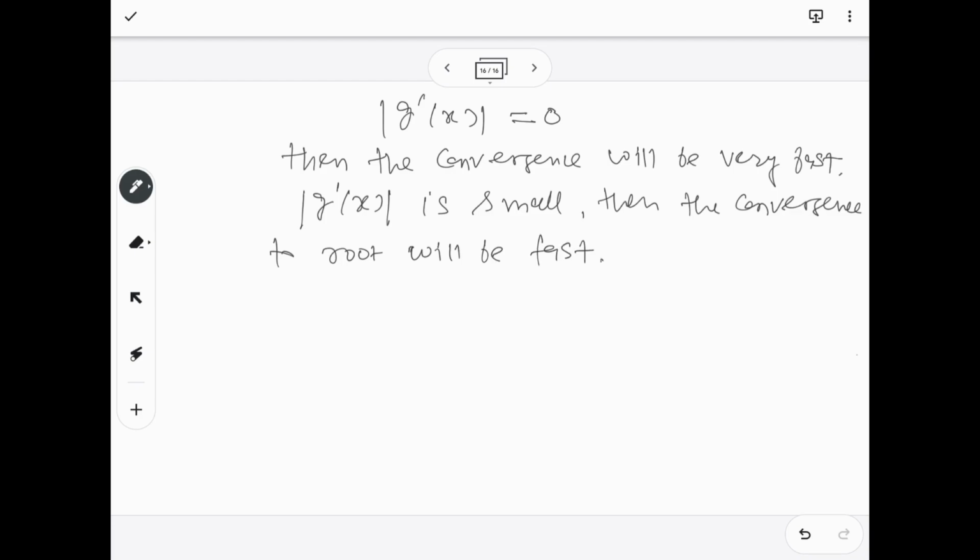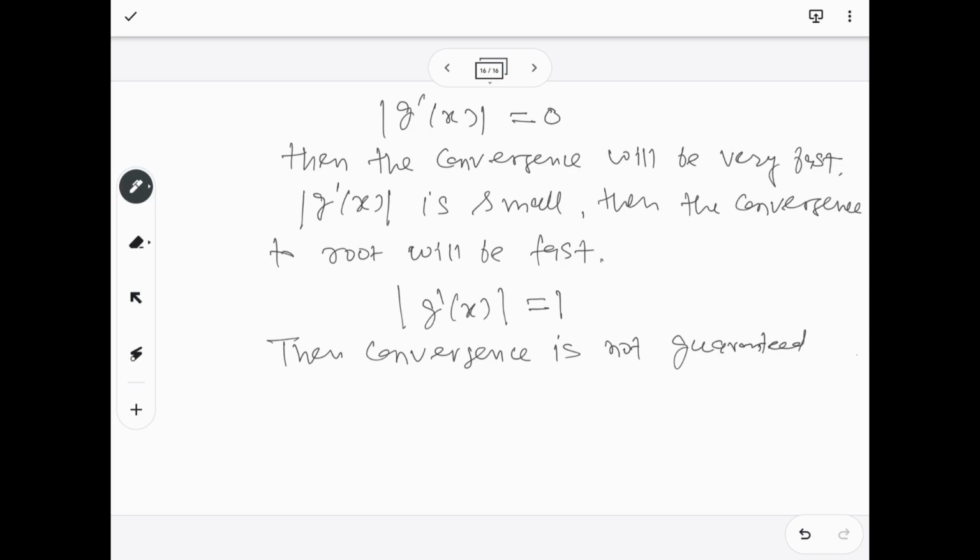On the other hand, if g prime absolute value is equal to 1, then convergence is not guaranteed, and if at all the convergence will happen, it will happen painfully slowly.